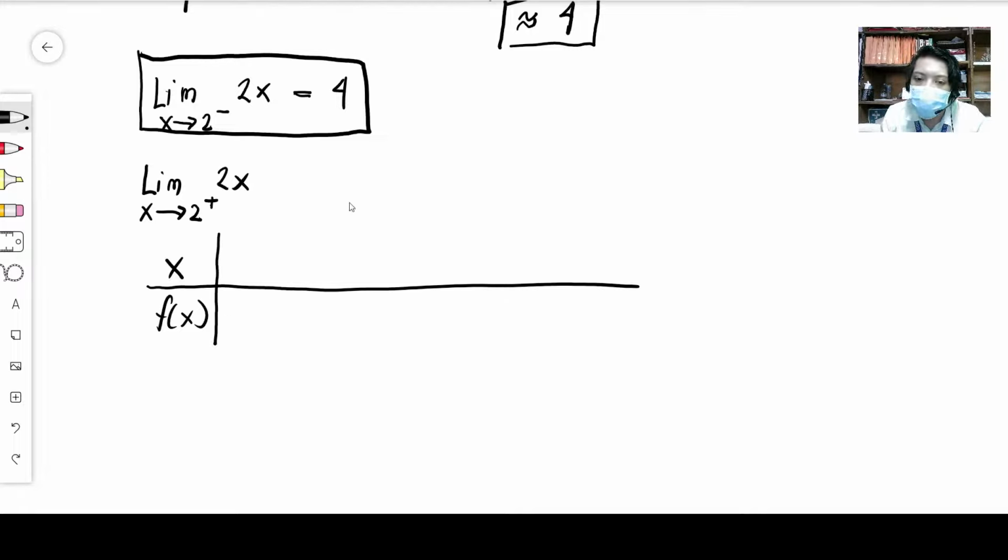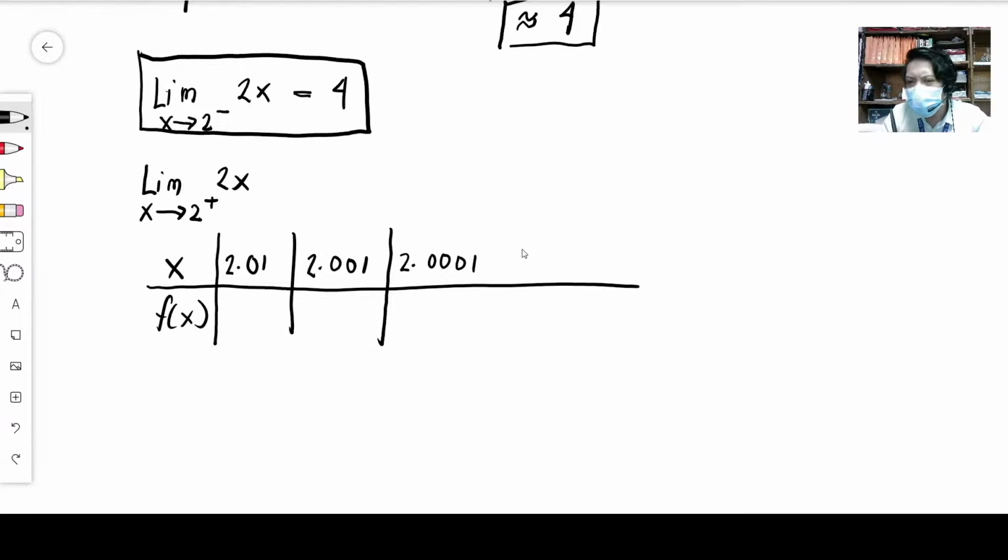For example, 2.01, then 2.001, it is getting closer, it approaches 2 coming from the right. Then 2.0001 and so on and so forth.